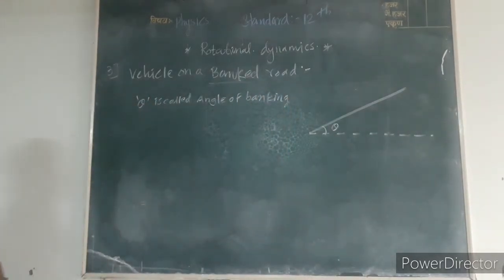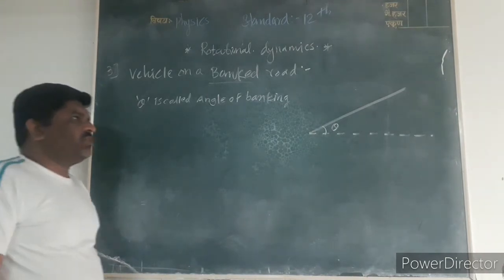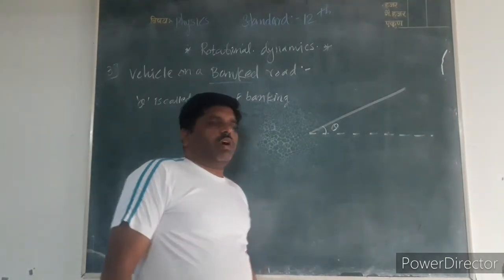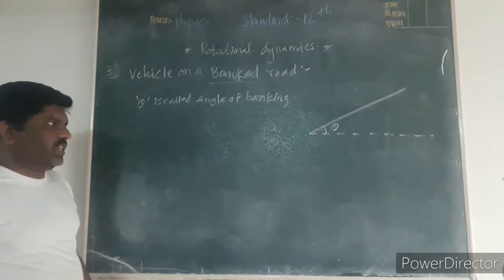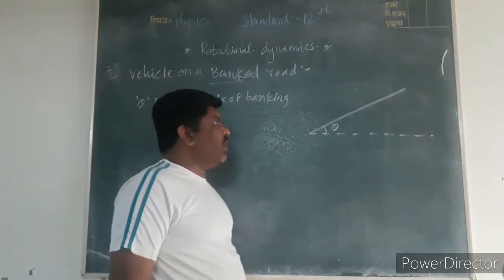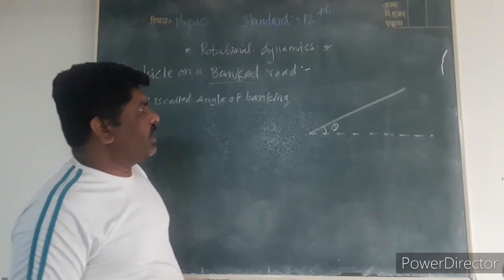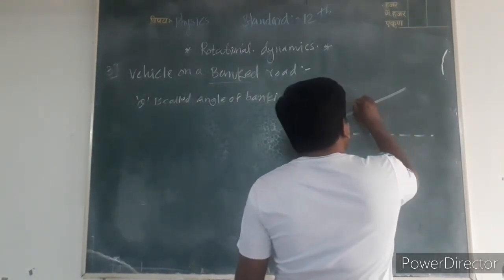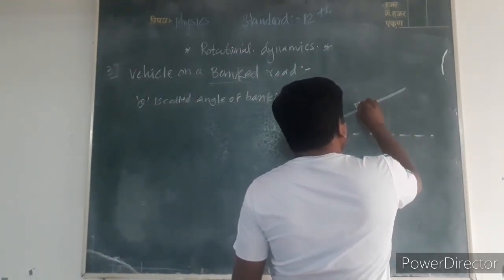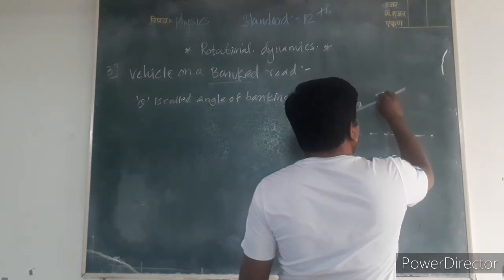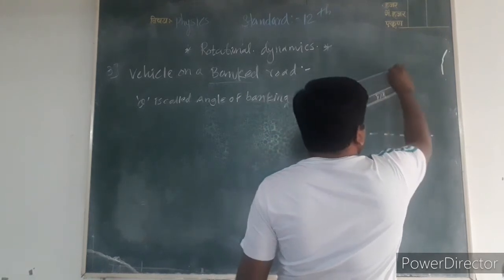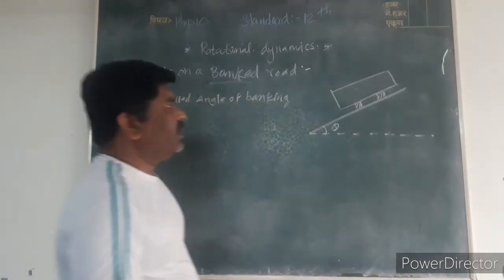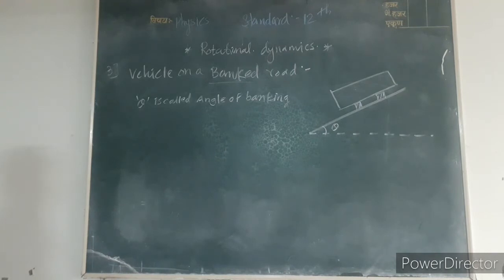The angle of banking means there is a small elevation of the inner and outer side of the road, given as theta. And we consider the vehicle moving around this curved road.